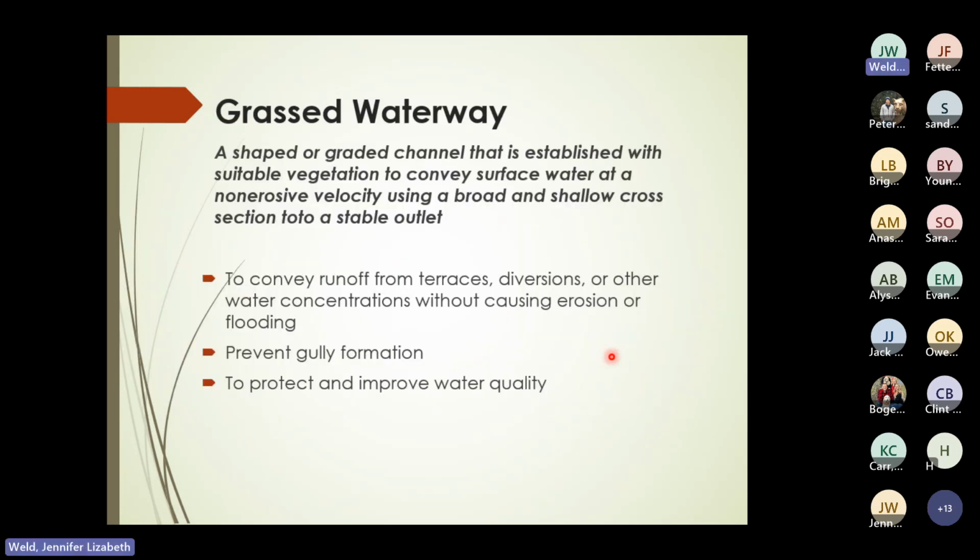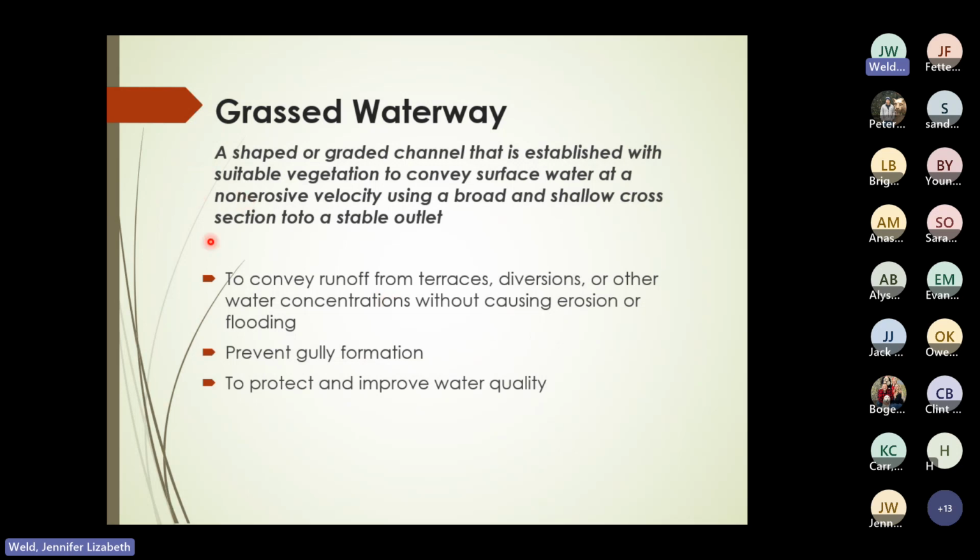So grass waterways, these are typically used... We talked a little bit about concentrated flow areas yesterday and earlier in the presentation about gully formation. Grass waterways can be used to prevent gully formation, maybe where you're starting to see a rill form that you're repeatedly having to address through tillage, or you're starting to see a concentrated flow area.